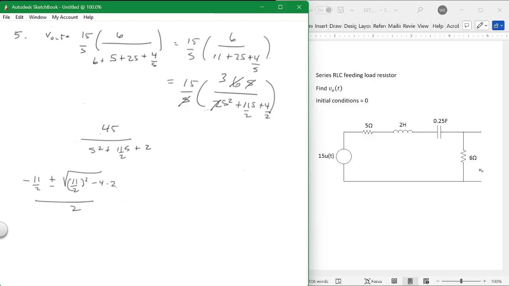So this is 11 over 4 plus or minus the square root of 11 over 2 quantity squared minus 8, which is 89 over 4.